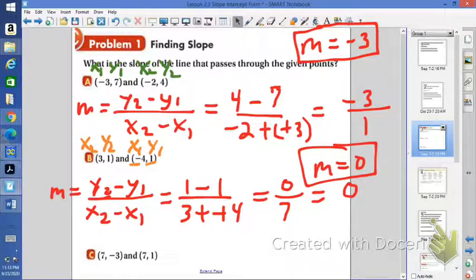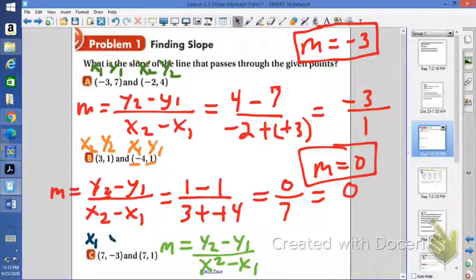Now for part C, I'm going to use a different color here so we can see it. Again, I have 2 points, so m equals y sub 2 minus y sub 1 over x sub 2 minus x sub 1. I'm going to label my points. I'm going to say that this is my x sub 1 and this is my y sub 1 and this is x sub 2 and y sub 2.